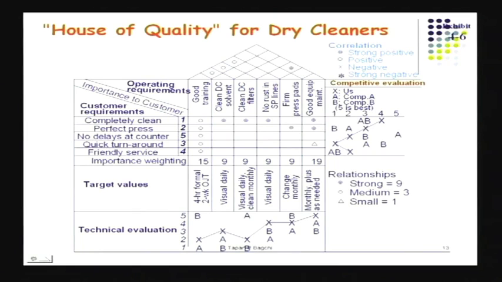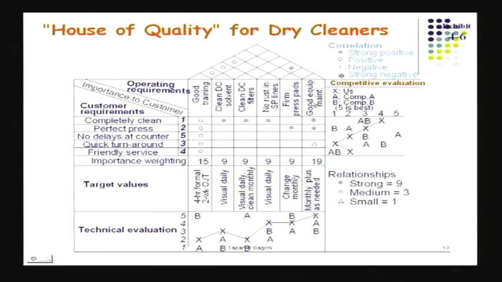So they say, well, to be able to deliver these things, we require good training. We require good dry cleaning fluid. We require good filters in the system. There should be no rust in the different solvent lines. The press pads should be firm, and of course, equipment maintenance must also be top notch.